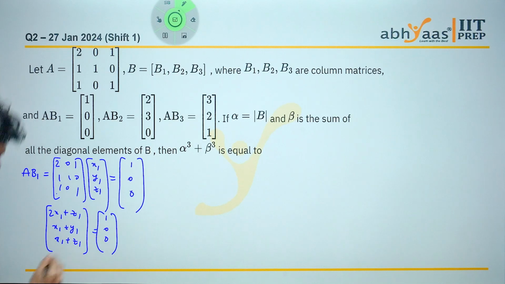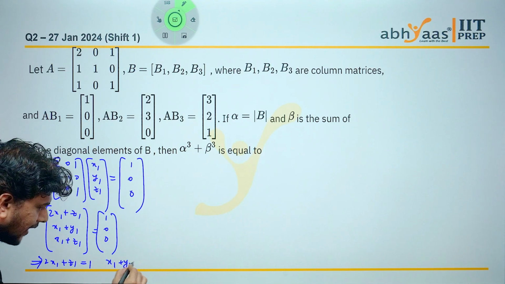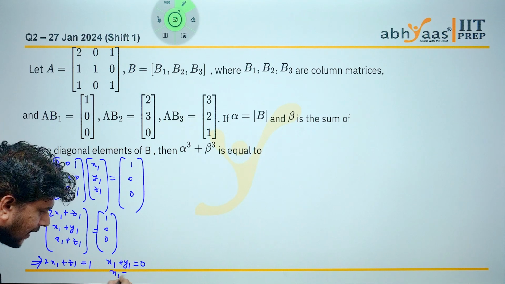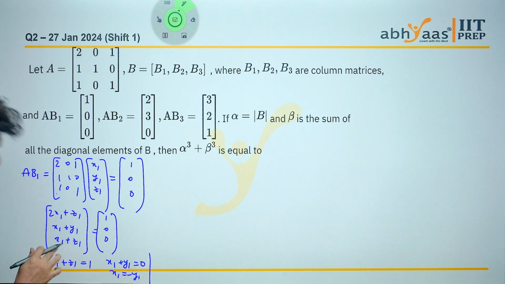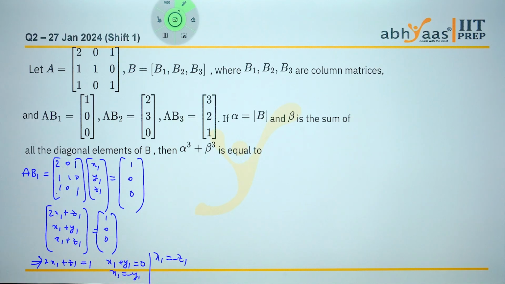Comparing corresponding elements: 2x1 plus z1 equals 1, x1 plus y1 equals 0, so x1 equals minus y1, and x1 plus z1 equals 0, so x1 equals minus z1.